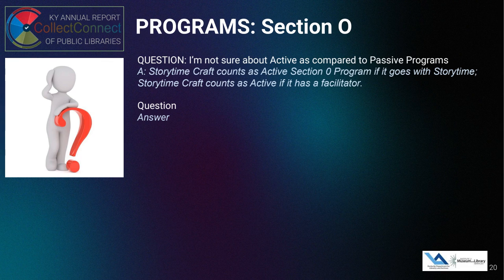I think it'll make your life a whole lot easier because you're not having to come back after the fact to spend so much time compiling those statistics and then getting them divided into their different sections. So I've known some libraries where the director compiles and does everything. If you're able to kind of shop that out with some of your staff as they're doing the programs to get statistics recorded in their proper place, I think that will save you a lot of time and headache.